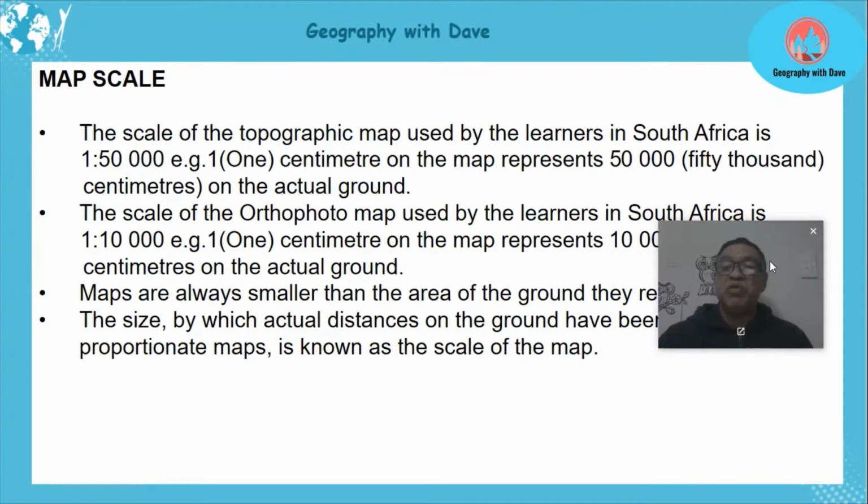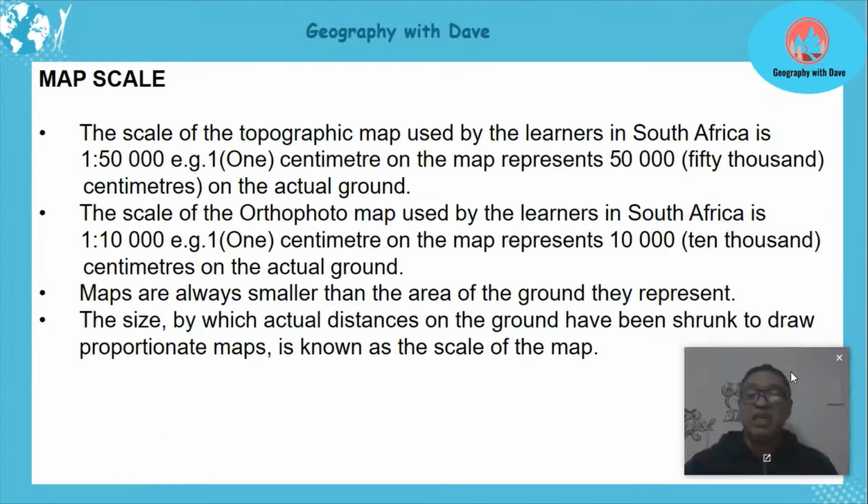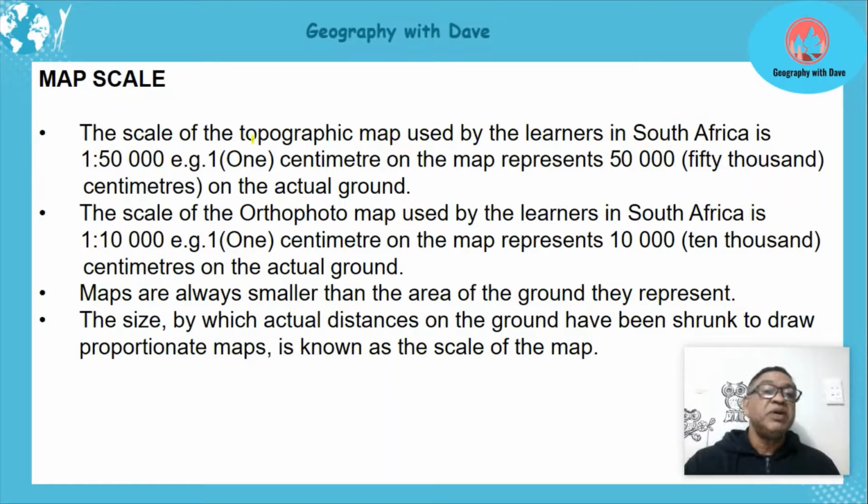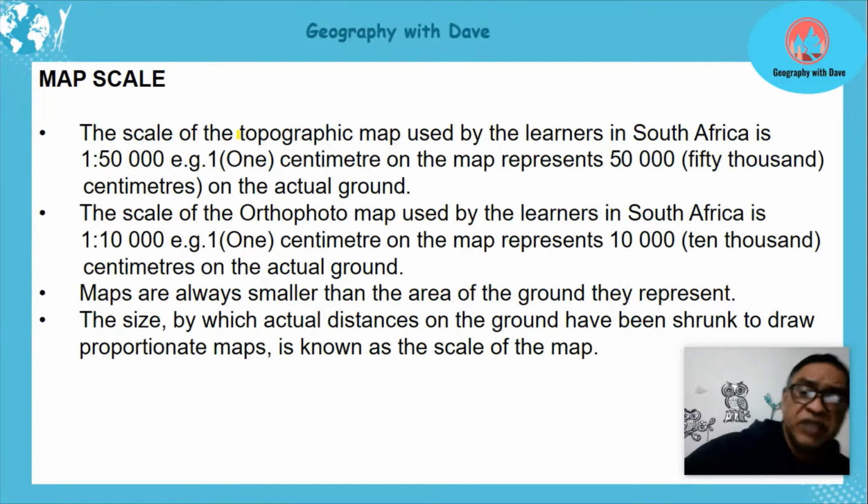Now, let me move my face, as I always say, before I cover part of the map. Here we have scales. We have various scales. In grade 8 you would learn the King Henry methods, converting and things like that.